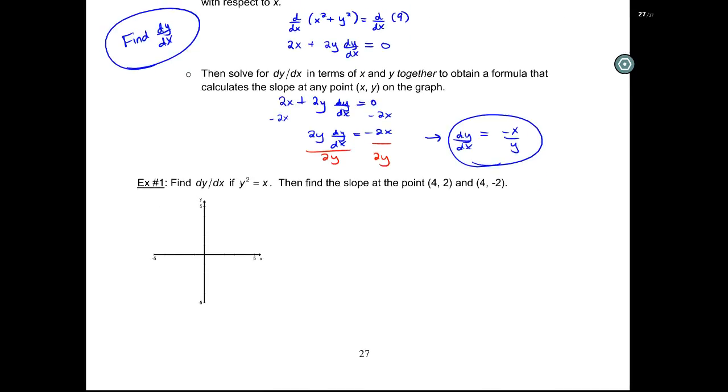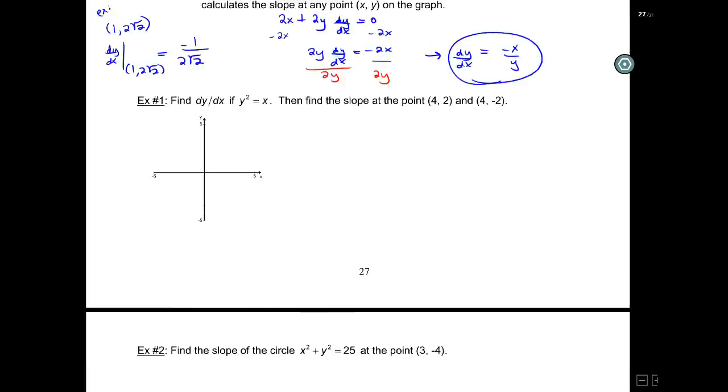So if I said, what's the point (1, 2 root 2), which is not a pretty point, could you find the slope there? Yeah, dy/dx evaluated at that point would be negative 1 over 2 root 2. That would be the slope at that point. Okay, that's just an example.